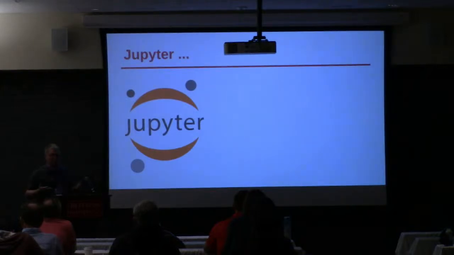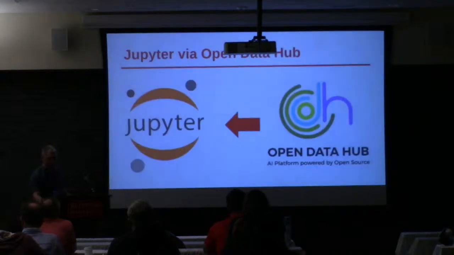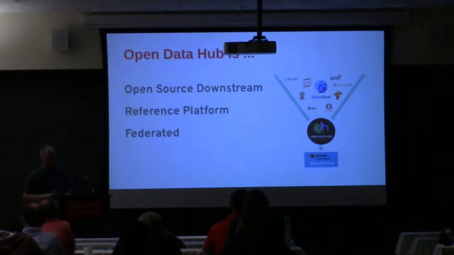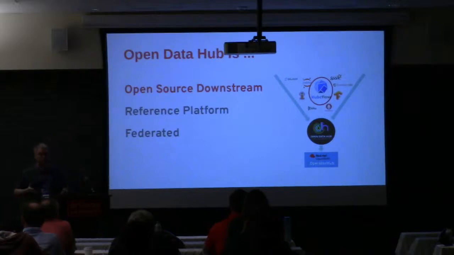So in my case, I wanted to consume Jupyter via Open Data Hub. And there are a few reasons for that. Open Data Hub, first of all, is an open source downstream of Kubeflow, and so it kicks off the open source tooling box.